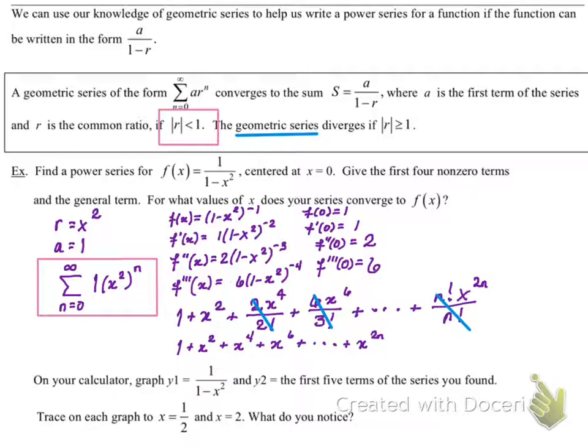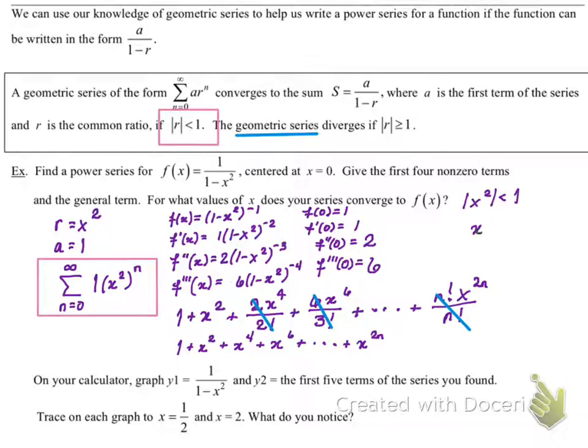In any case, I see immediately that my r value is x squared. So I'm going to use that information up here, which states that the absolute value of r must be less than 1. I'm going to look at the absolute value of x squared less than 1, and I'm going to solve for x.